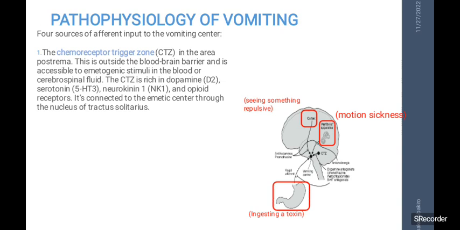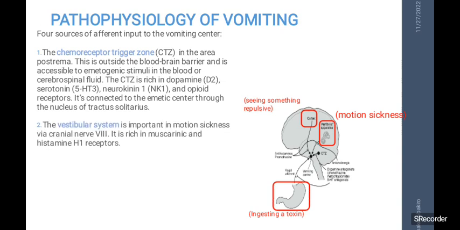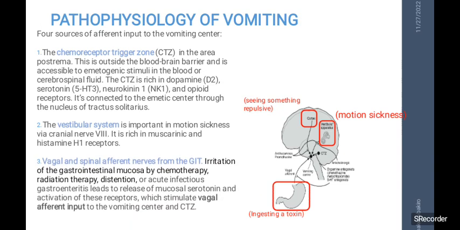The second source is the vestibular system, and this is important in motion sickness via cranial nerve 8. We've seen earlier it is rich in muscarinic and histamine H1 receptors. The third source is the vagal and spinal afferent nerves from the GIT.